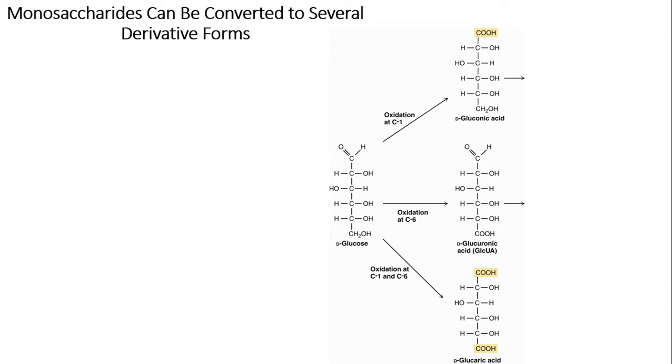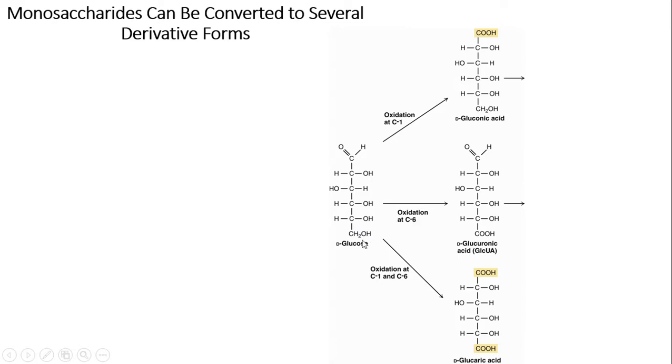So here we're looking at the oxidation of that aldehyde head group in the first structure at the top. We're oxidizing C1, and from that we get a carboxylic acid replacing that aldehyde head group, and this is D-gluconic acid.